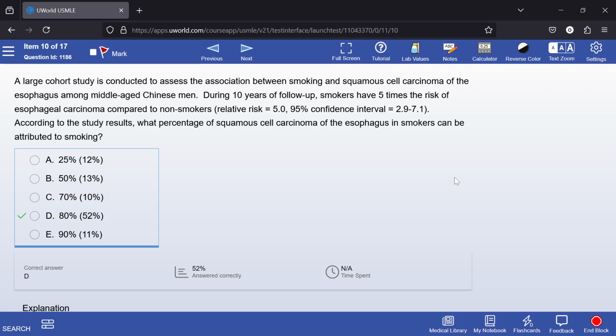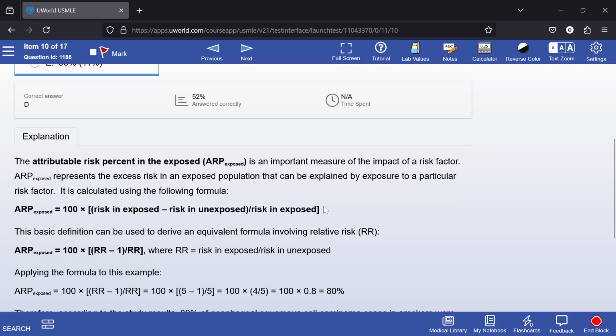In absolute risk percentage, how can we calculate it? It can be calculated as 100 into risk exposed minus risk unexposed divided by risk in exposed.